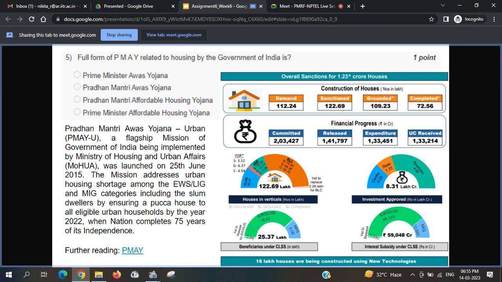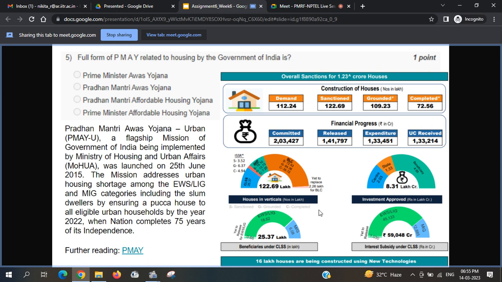So what this mission does is it addresses urban housing shortage among the economic weaker sections and lower income groups in Indian cities. It also involves middle income group categories, including slum dwellers in urban areas, and it aims to ensure a Pakka house to all eligible urban households by the year 2022, when India completes 75 years of its independence.